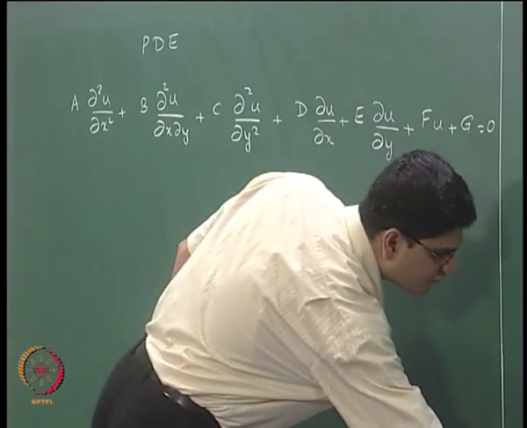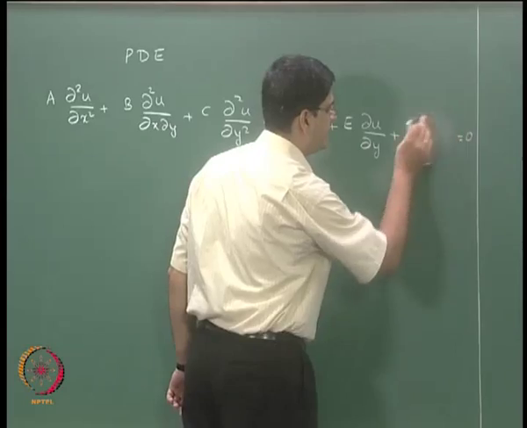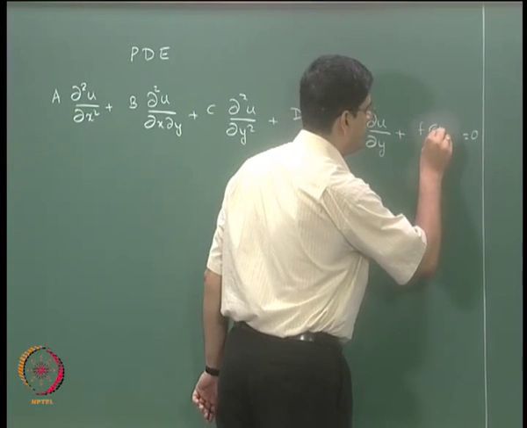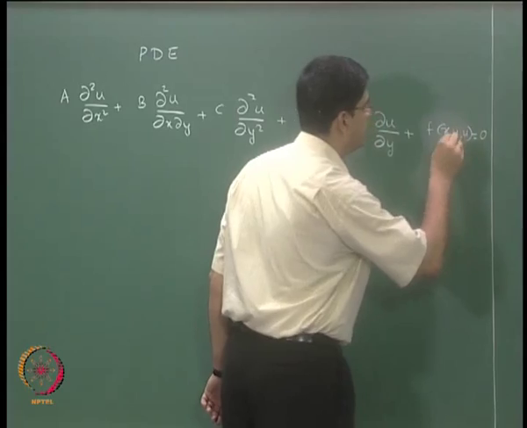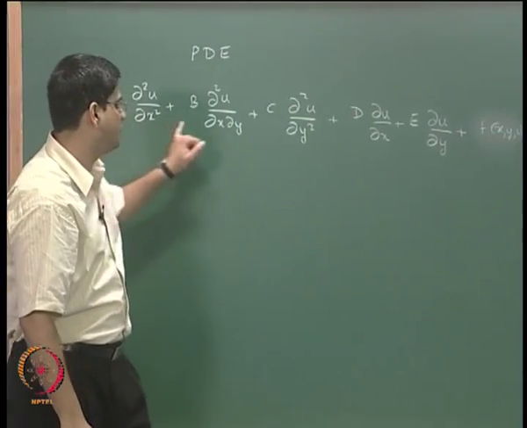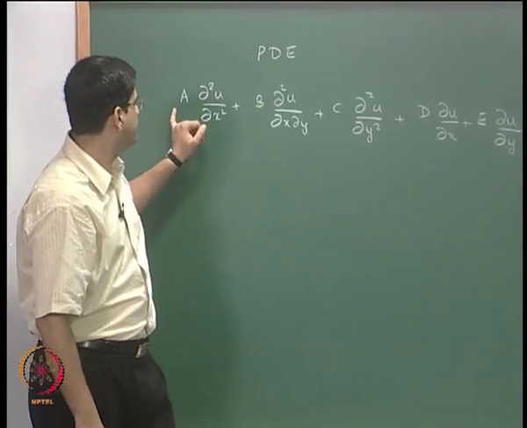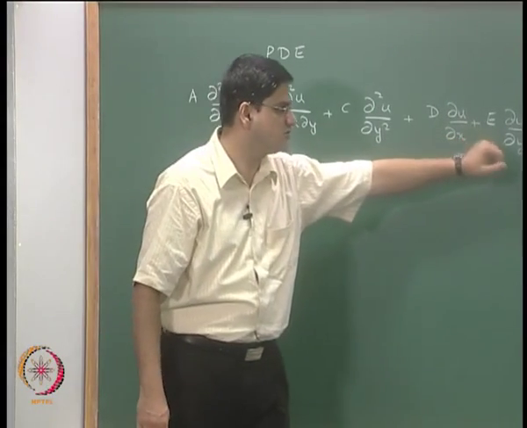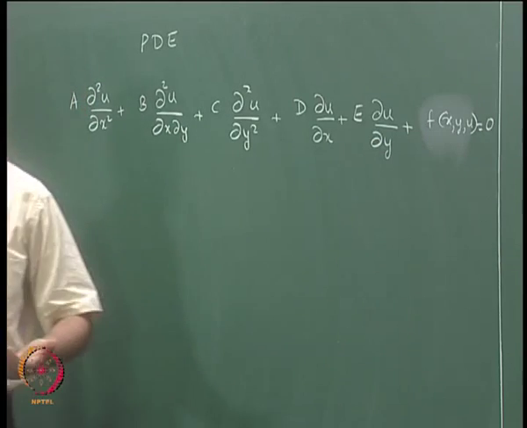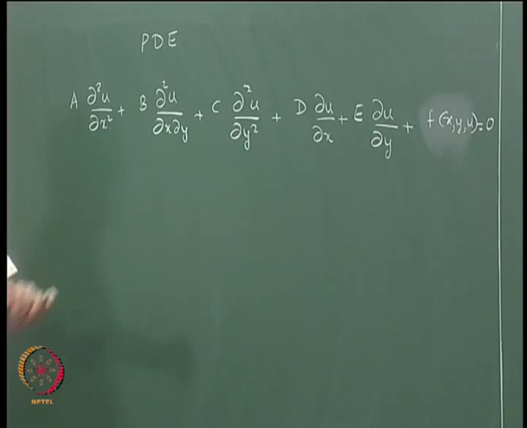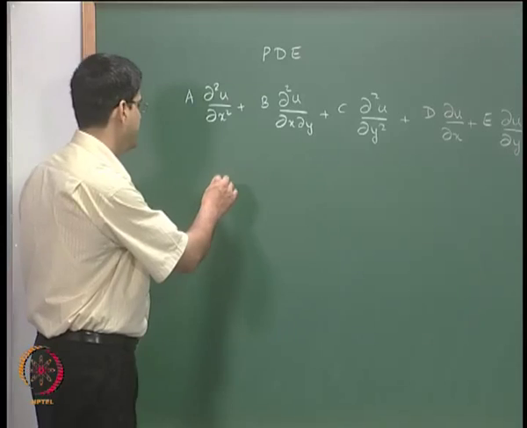Instead, if we write this as some small f of x, y and u, and if a, b, c, d and e are functions of u, or if f is a non-linear function of u, then what we have is a non-linear PDE. Okay, that is what we discussed, and then we talked about classification of PDEs.